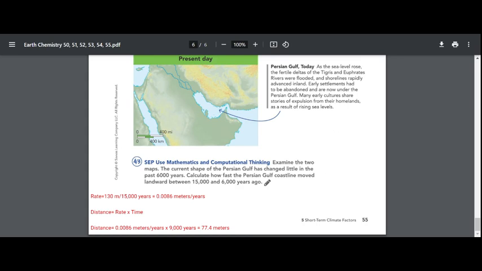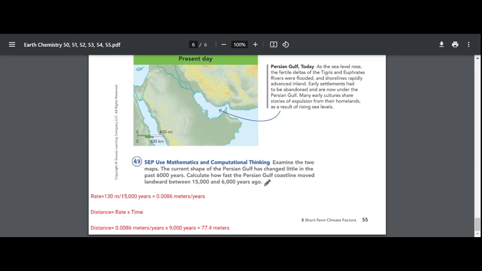Okay. We're going to calculate how fast the Persian Gulf coastline moved landward between 15,000 and 6,000 years ago. So we all know that distance is equal to rate times time, right? But in this case, we want to calculate the rate.